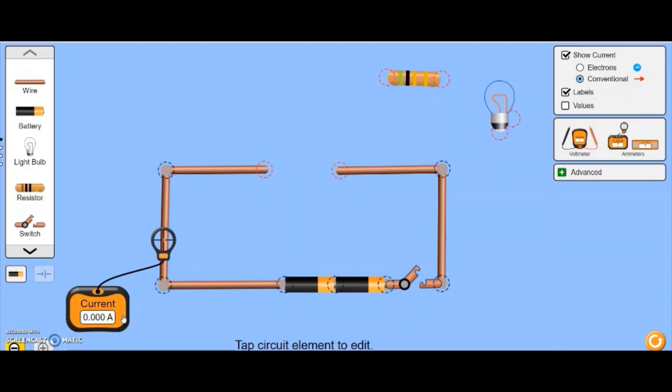Now let us fix a nichrome wire in this gap. As you can see, its resistance is 5 ohm. Let's start the switch. You can see the circuit diagram also, and observe the flow of current.